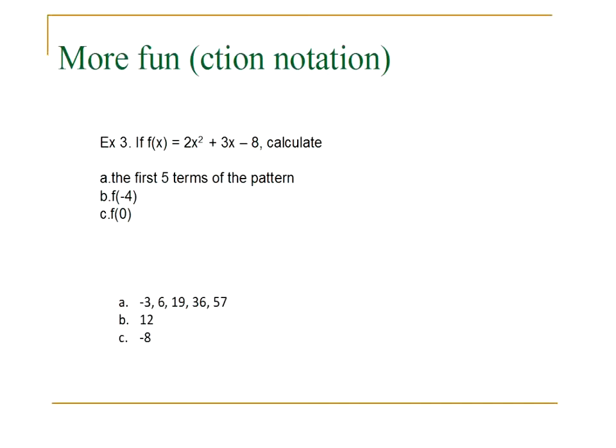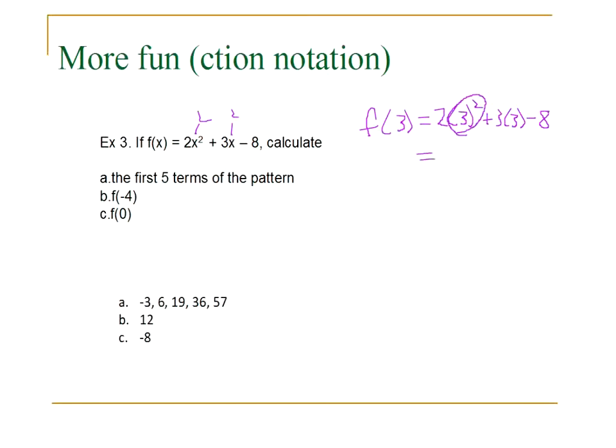So here's a quadratic written in f of x. And so what we can do is we can find the first 5 terms of the pattern. I plug in 1 and 2 for x and 3 and 4, etc. Remember that, for instance, when I'm finding f of 3, this means anywhere I see an x, I'm going to plug in a 3. Remember that this is order of operations.